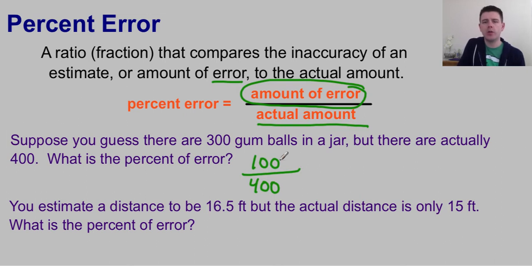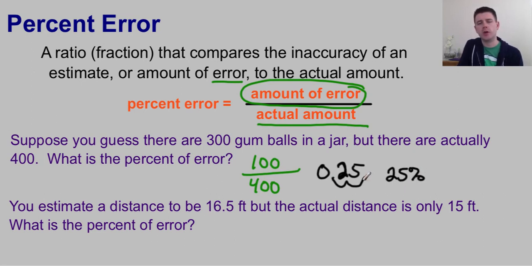Well, we know that if I do 100 divided by 400, I'm going to end up with 0.25. And then I'm going to have to slide my decimal over and turn it into 25%. Well, when you're moving that decimal over, it's really because a percent means out of 100. What you're really doing is you're multiplying times 100.